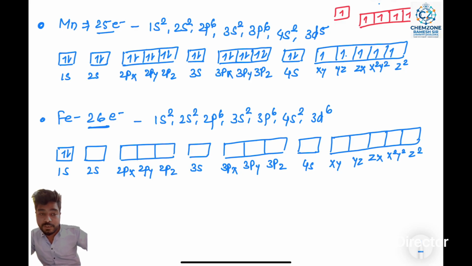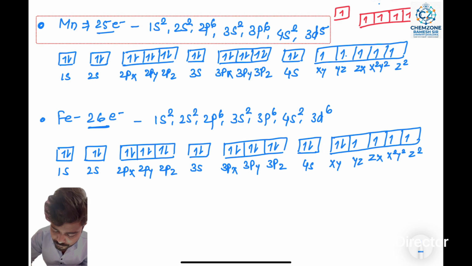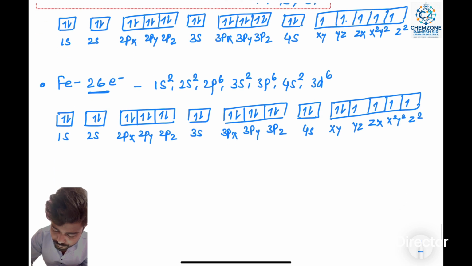Okay, so 1, 2, 3, 4, 5, 6, 7, 8, 9, 10, 11, 12, 13, 14, 15, 16, 17, 18, 19, 20, 21, 22, 23, 24, 25 and 26. That is the formation of paired electrons, 6 electrons. Okay, the last one is 6 electrons are present for this iron atom.